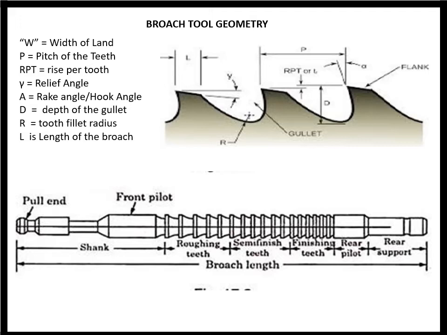So there is a term which we say rise per tooth. Rise per tooth is nothing but the difference of height between two successive teeth.